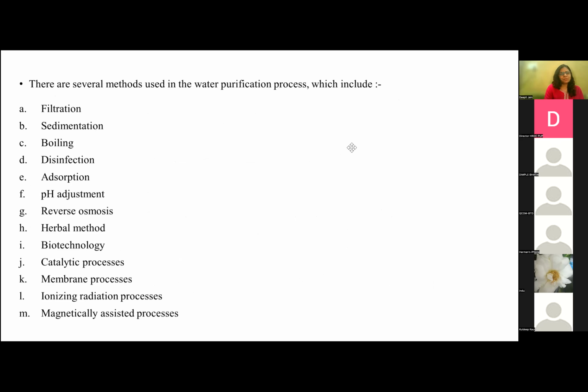But the biggest drawback or shortcoming of this method is that with the help of that cloth, we can remove only the suspended material or the insoluble impurities present in it, not the soluble ones. But that's why it is important what quality of cloth we are using.